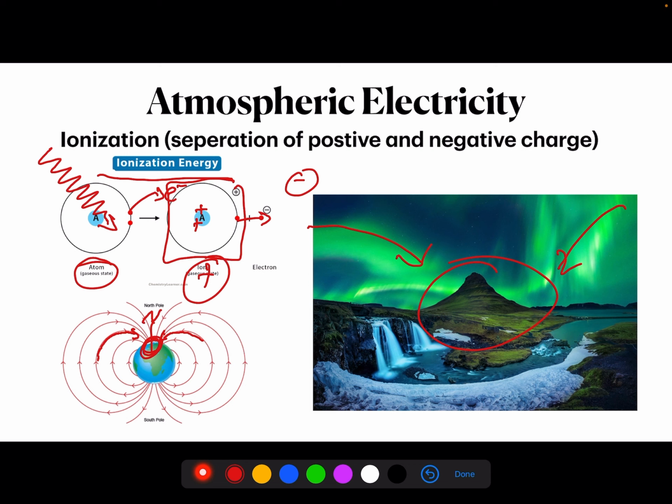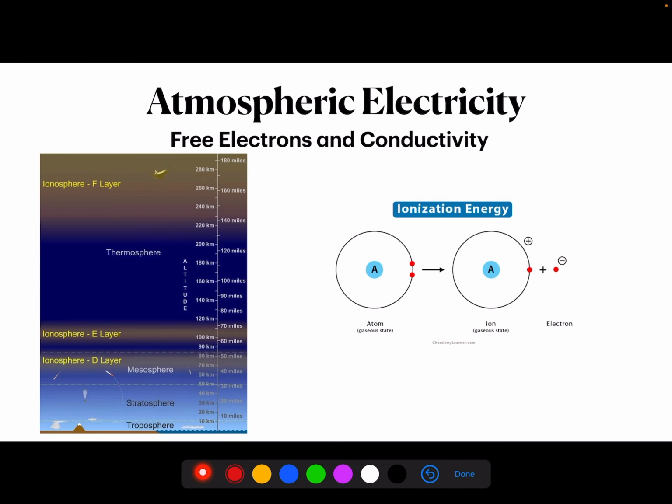It's the process of ionization, and it emits light. So the point is that the sun causes ionization of the gas molecules in the upper atmosphere. Okay, so why is this important? Well, imagine being down here at the lower parts of the atmosphere.